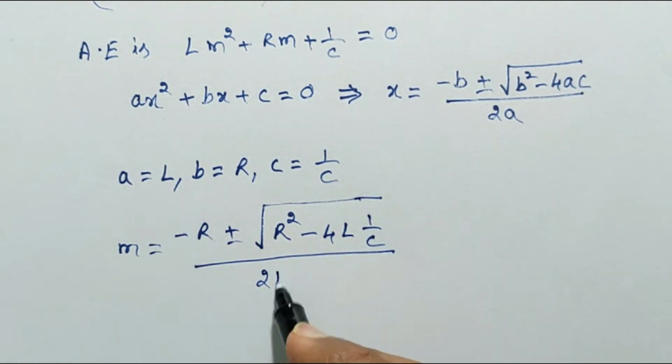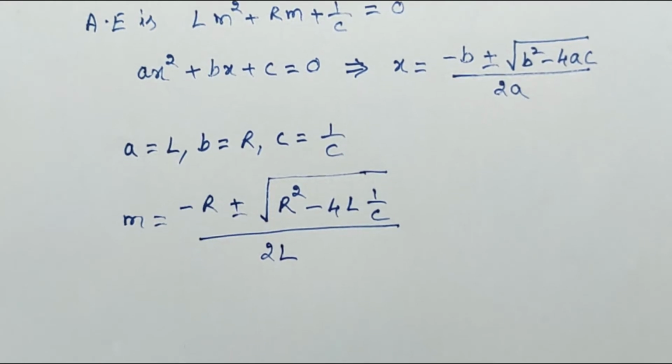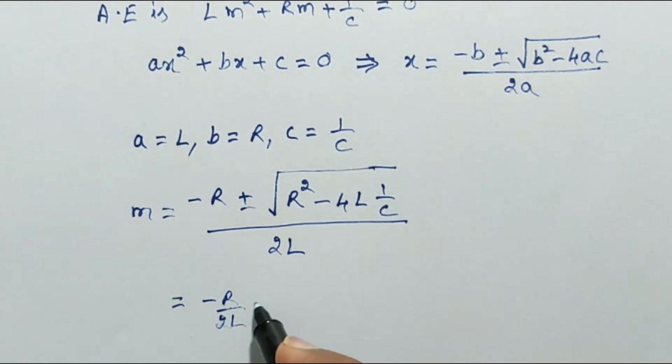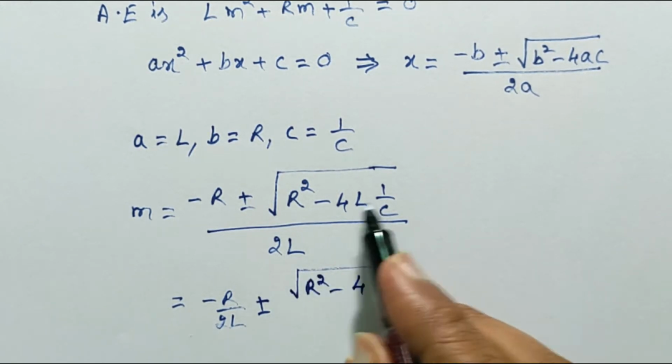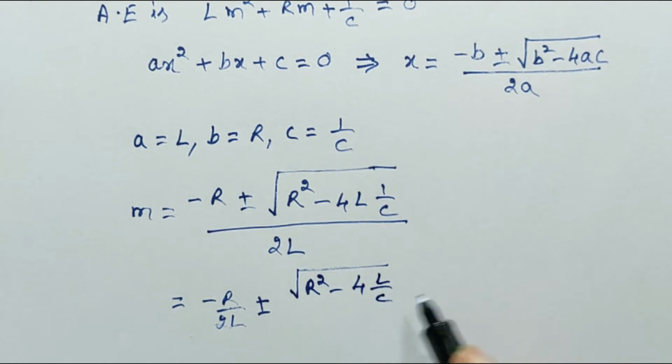So a value will be L. Now let us divide each of the terms by 2L. So you have minus R by 2L plus or minus root of R square minus 4 times L by C, the whole divided by 2L.